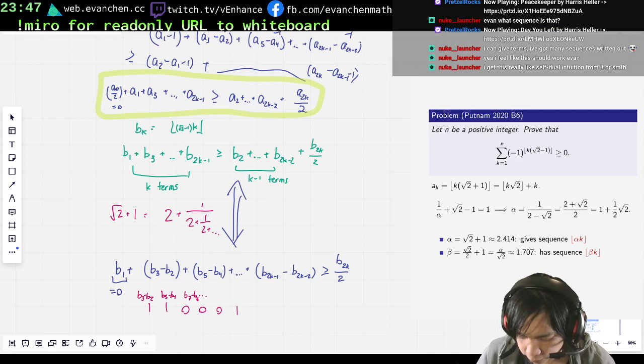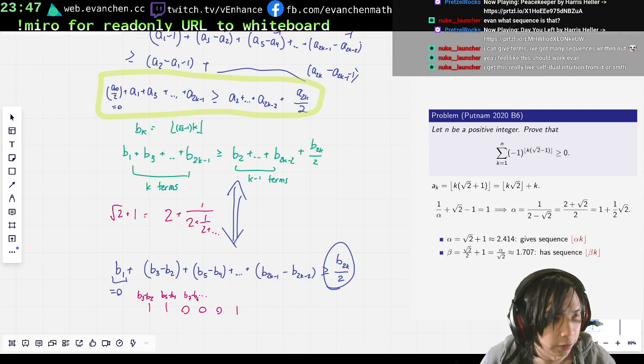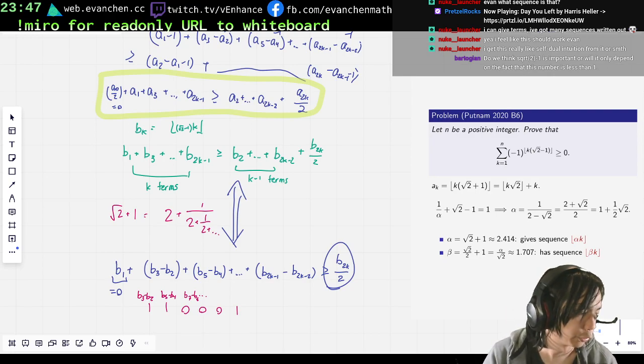But this sequence is not the right sequence. This one's off. I'm running into trouble because I have this b2k over 2 term here that isn't behaving. I don't think that will match. So maybe that means I'm pairing things the wrong way. The problem is false for most numbers. There's no way it's true for most numbers.